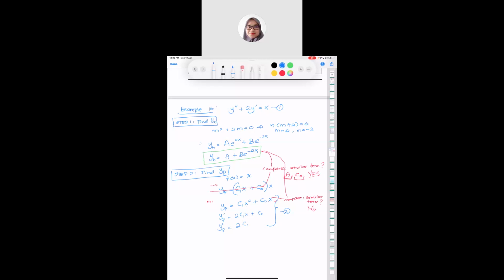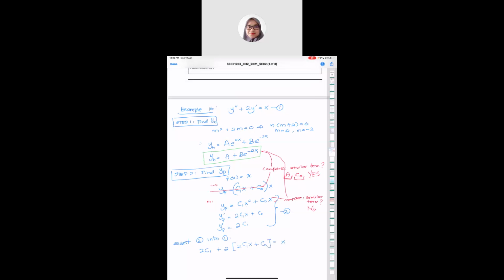Okay, so we substitute 2 into 1. Okay, so I have here 2C1 plus 2C1x plus C0 equal to x.